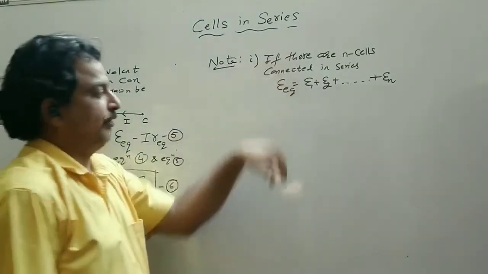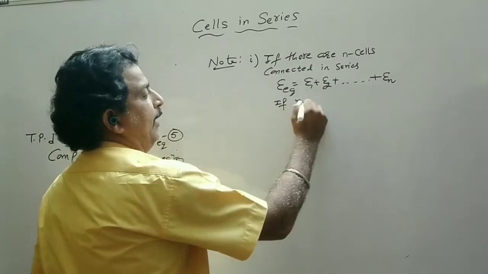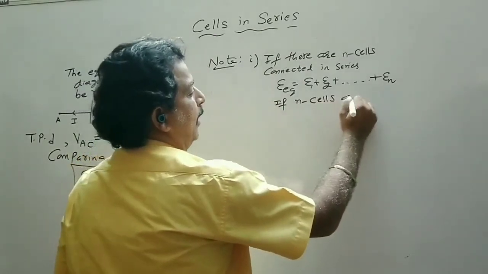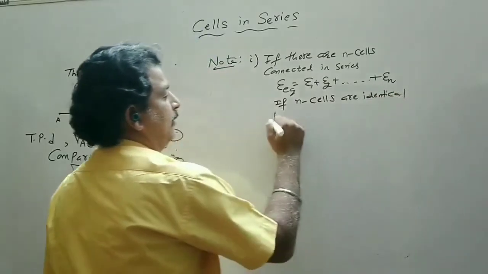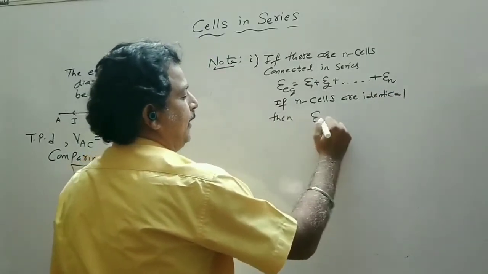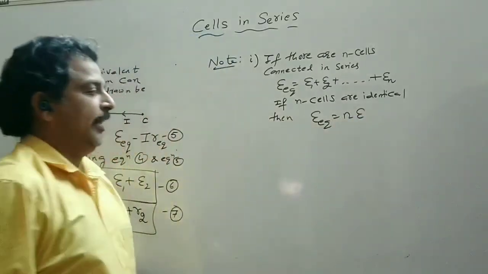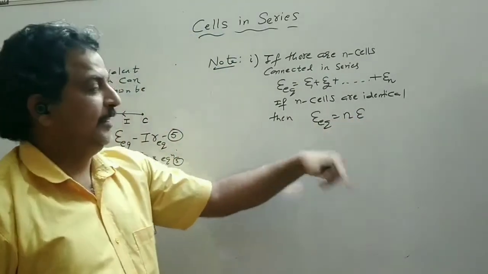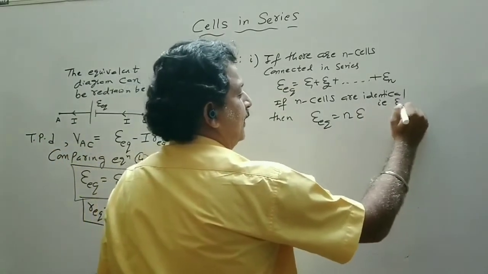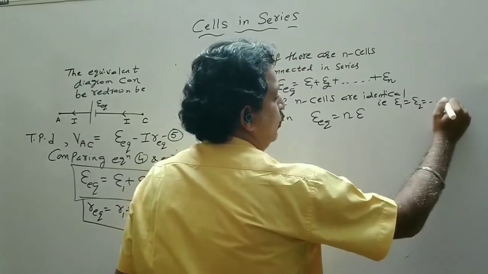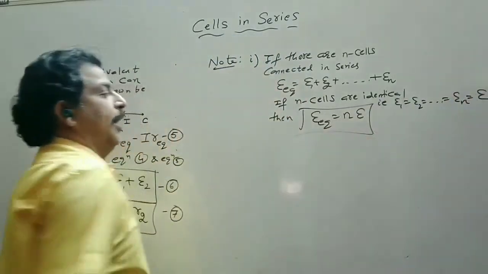The subcase of this, if n cells are identical, then E equivalent will be equal to n times E, where E is the EMF of each cell, that is, we assume that E1 is equal to E2 is equal to dash dash equal to En is equal to E. So this is n times E.